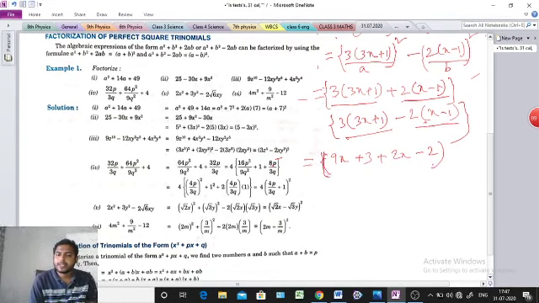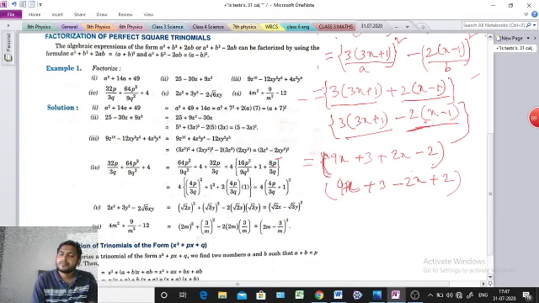In the second part, the same thing will come, only the sign will change. So 9x plus 3, minus 2x and minus minus plus 2. Why minus 2x and plus 2? Because outside there is minus 2 and inside x minus 1. So if we remove the bracket, we get minus 2x and plus 2.